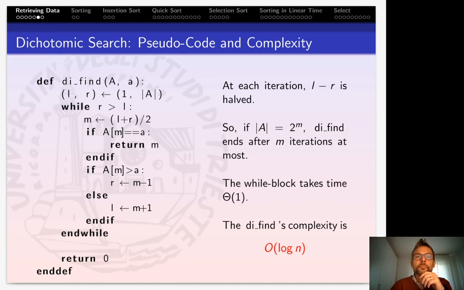I will see your comments offline because the lesson should be ended right now. So if you have any comment on what we saw today, please let me know. If you have any doubt about retrieving data by using dichotomic search, if you have any doubt about the complexity of dichotomic search, please let me know.